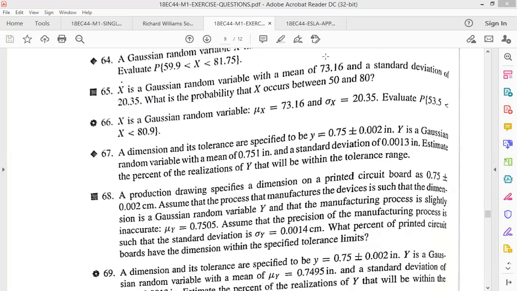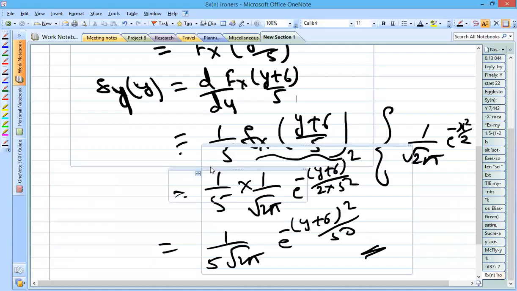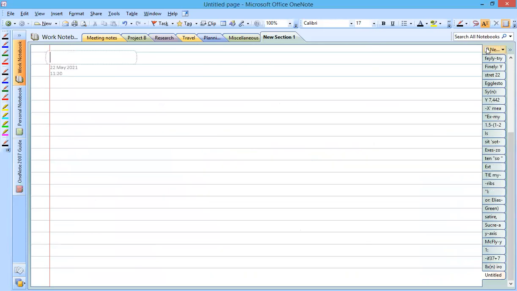Let me share the notebook. That is problem number 65, right? I will be having this textbook here. For the random variable X, the mean is given.